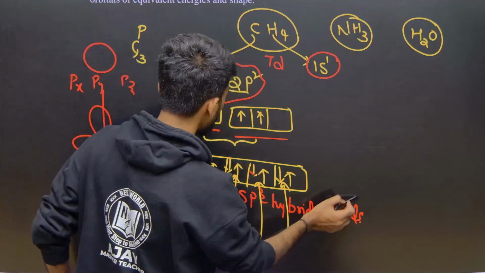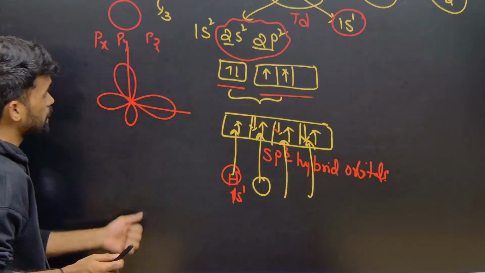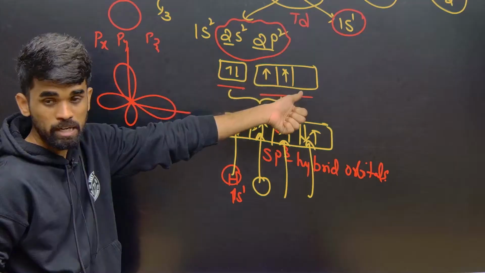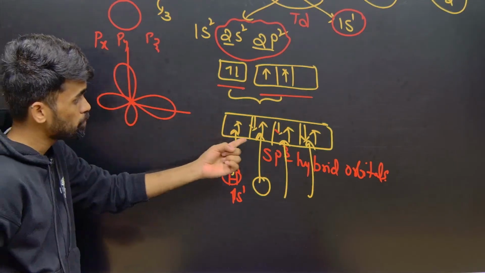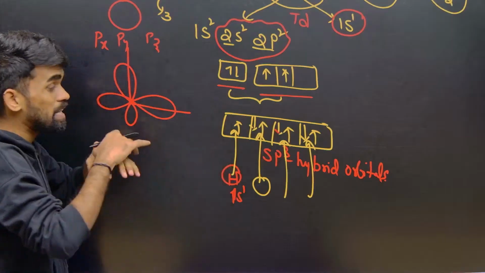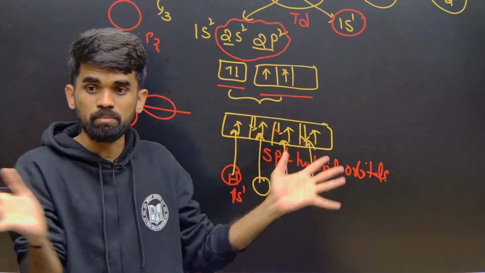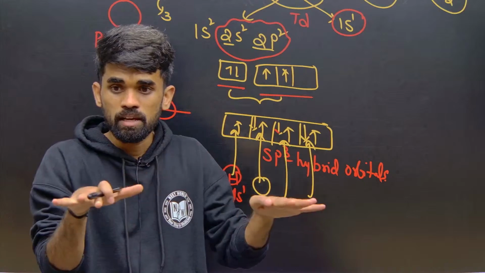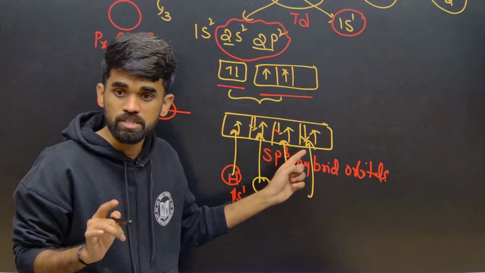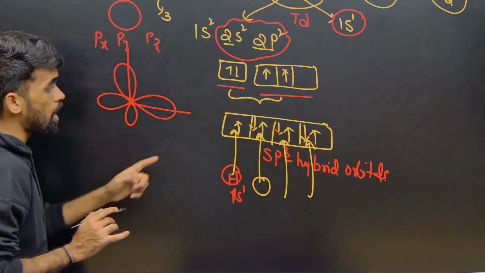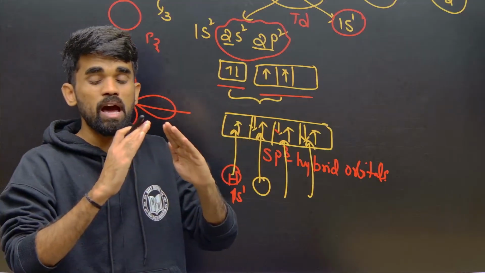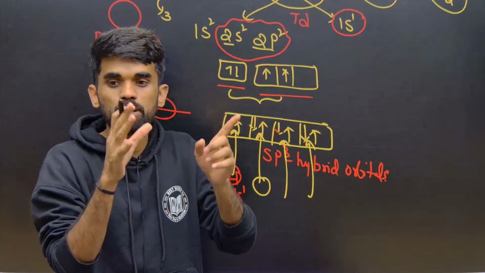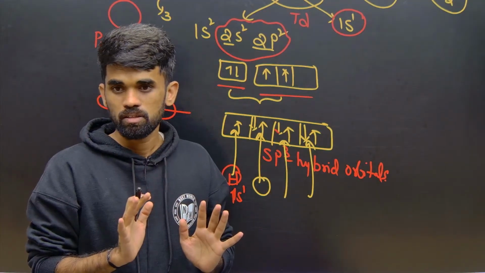Now one more thing you need to know is, if I compare atomic orbitals, they are perpendicular to each other. But when I say hybrid orbitals, they redistribute their energies and become equal in all their energies. All orbitals will have the same energies. These 4 orbitals are arranged in such a way that all of them have equal energies and equal repulsions between the orbitals.